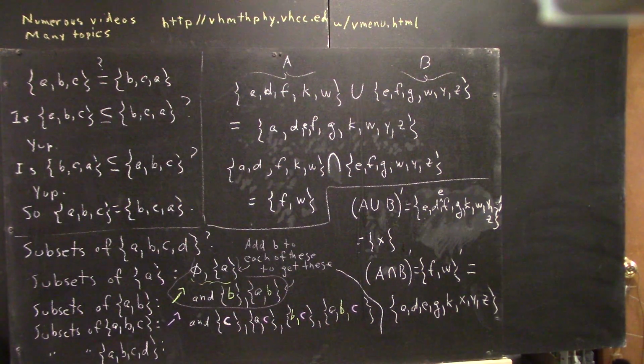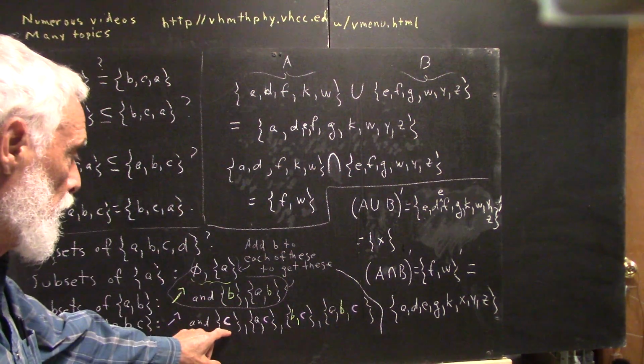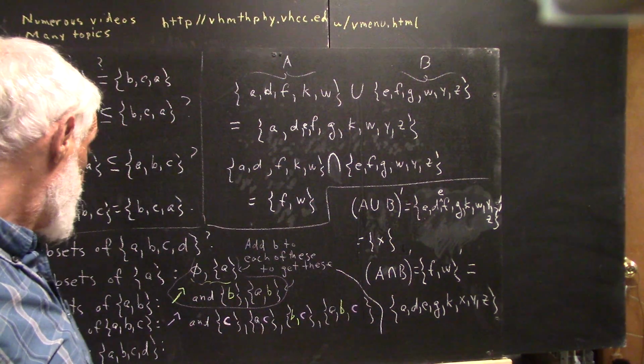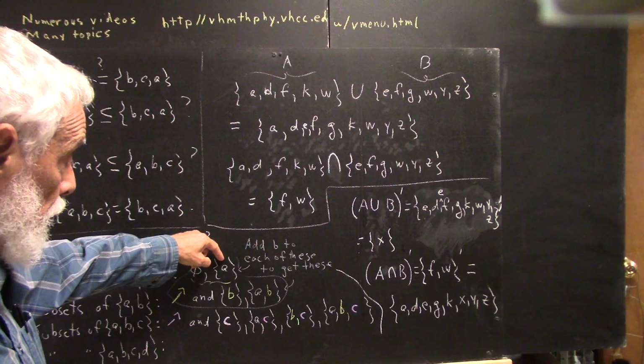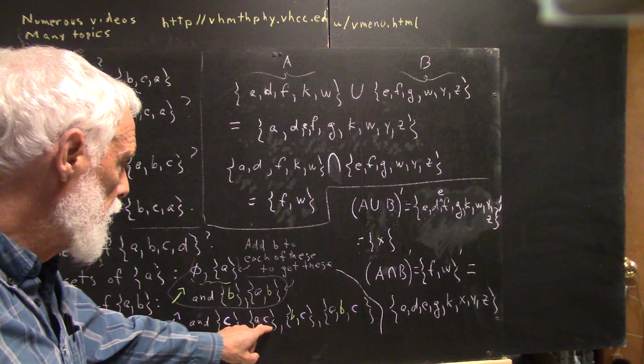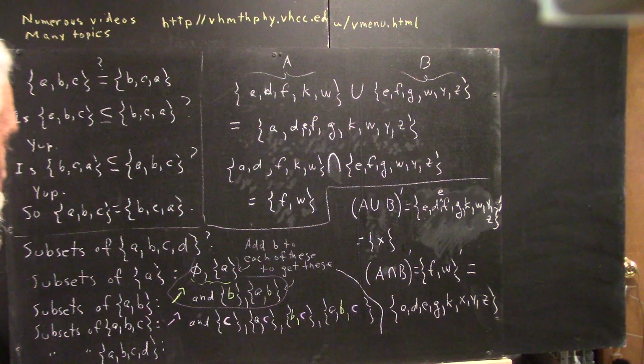So now, if we add the element C to the empty set, we get the set whose only element is C. If we add C to the set consisting of the element A, we get the subset containing elements A and C.